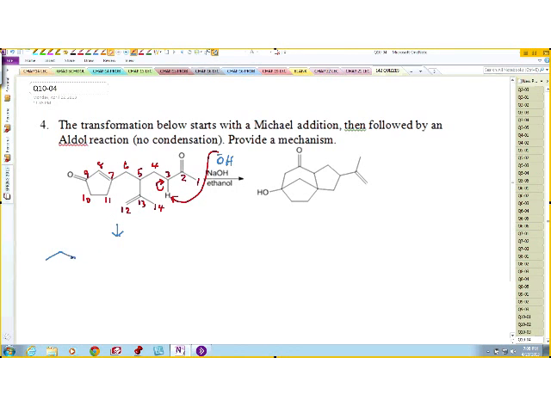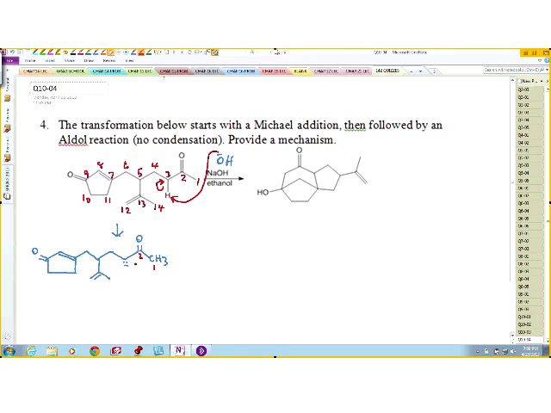So we have this. Okay, right here, the enolate is on carbon number 3. So let us go ahead and number this.